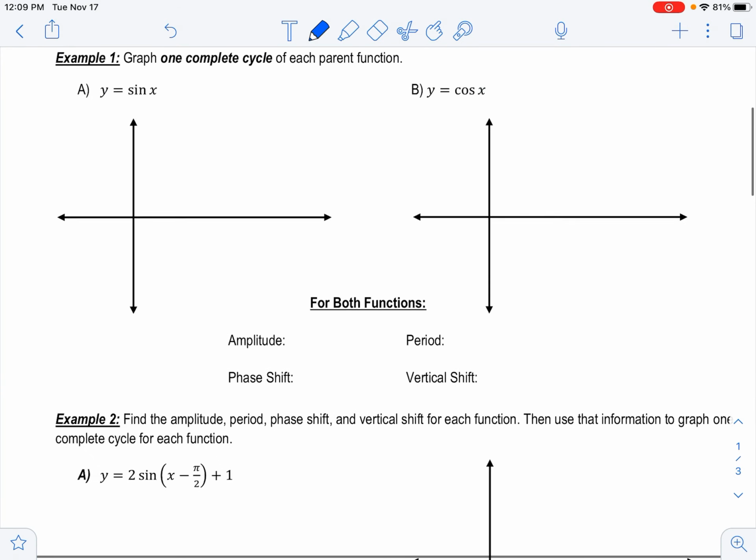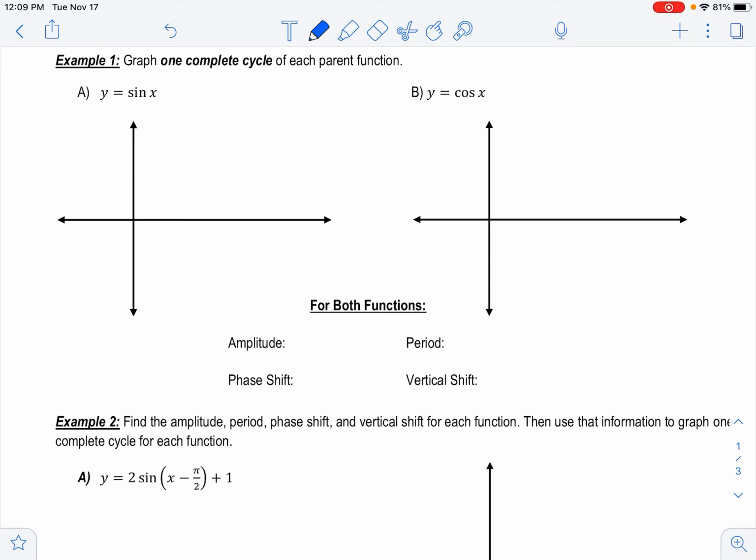Actually, let's fill in this first for both of them. The amplitude on both of these, if you look in front of the sine function, there's a coefficient of 1. It's not physically written there, but it's not 0 because then there'd be nothing there. Phase shift, there is none. Vertical shift, there is none. And the period is 2 pi divided by b, where b is 1, so it's 2 pi.